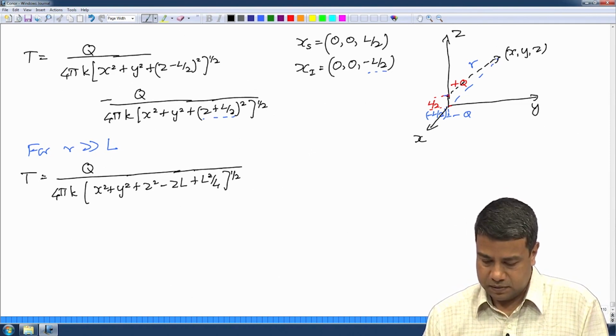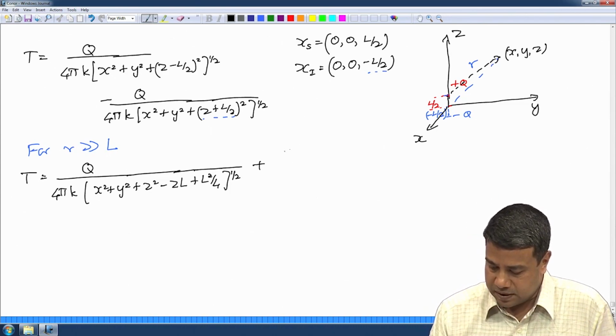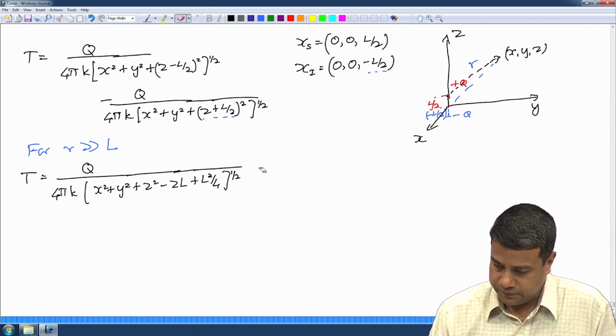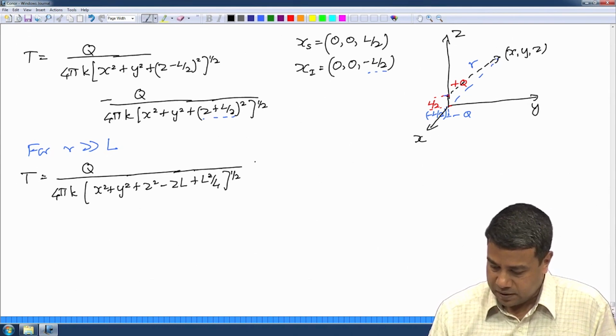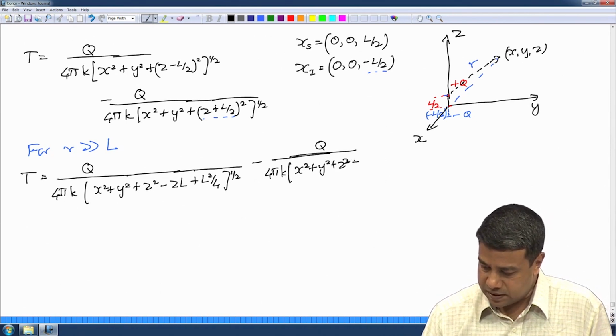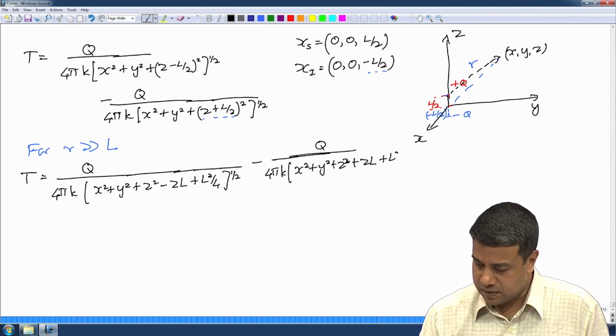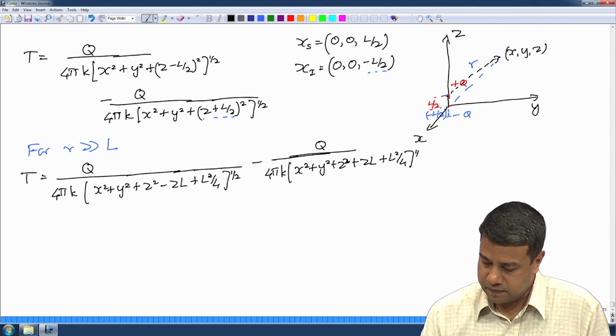Just expanding out this z minus L by 2 the whole square, I will get the second term as minus q by 4 pi k into x square plus y square plus z square, plus z L, plus L square by 4, whole to the half.